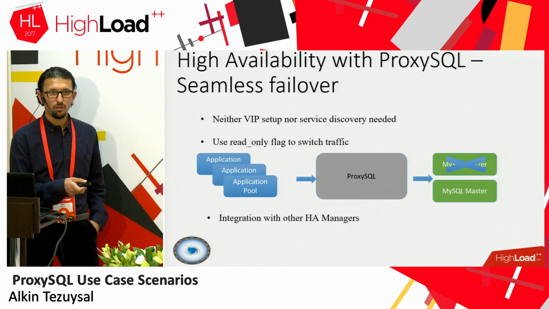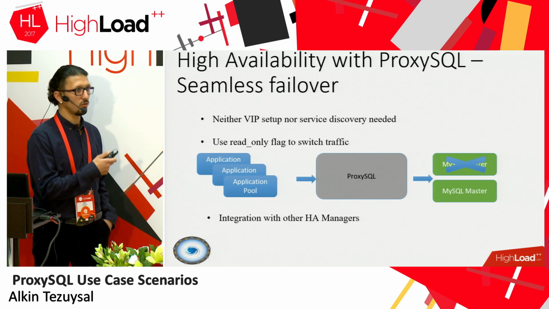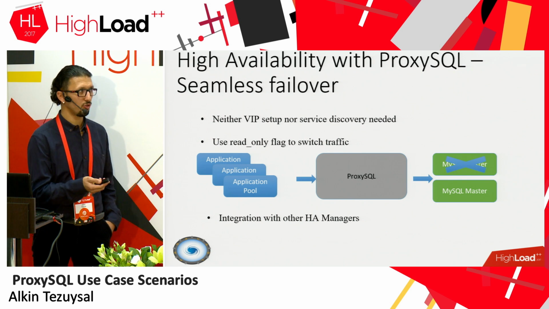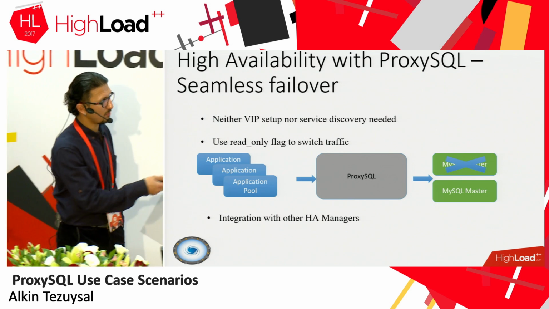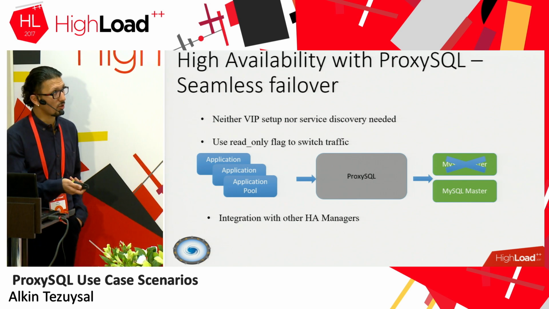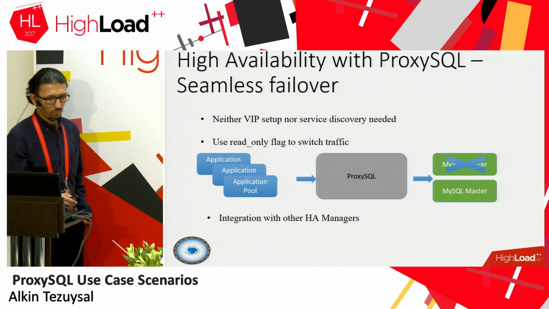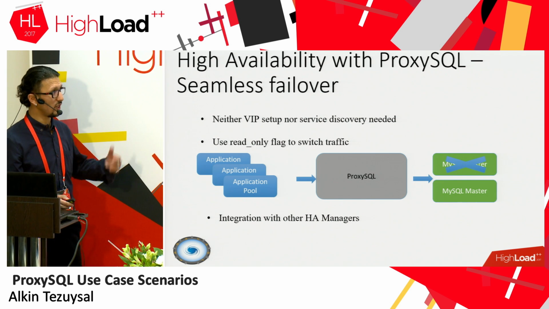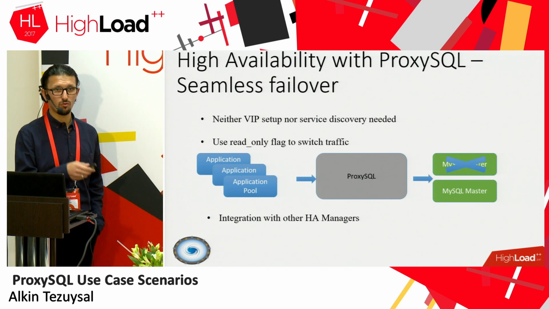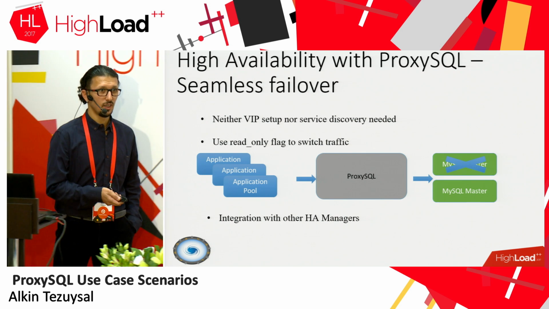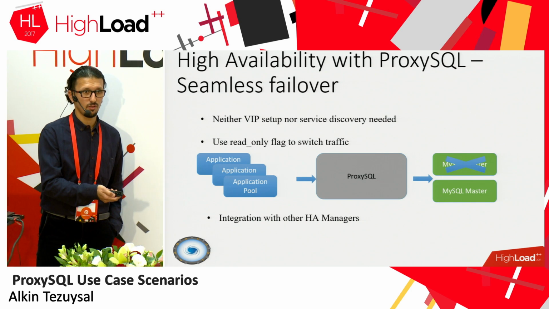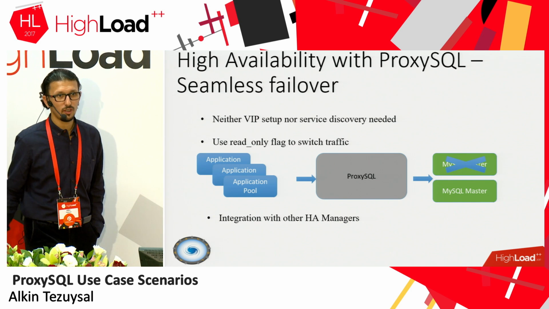If you're not familiar with MySQL topologies, there are HA solution managers for MySQL master-slave pairs. One of them is MHA, a very popular one. The other one is Orchestrator. Both of them are used. You can integrate ProxySQL with them. The HA manager does the job of promoting a new server to master, and ProxySQL knows which server became master. You don't have to do anything on the application side.